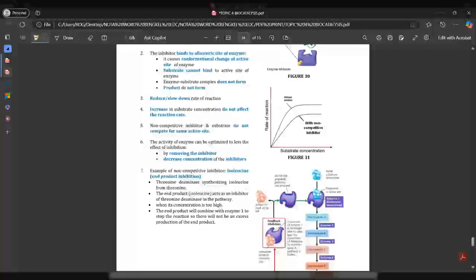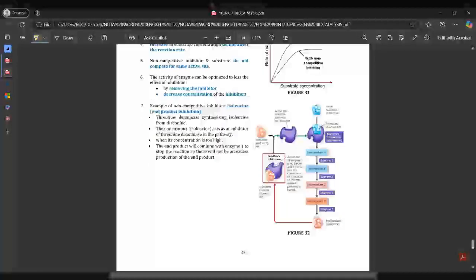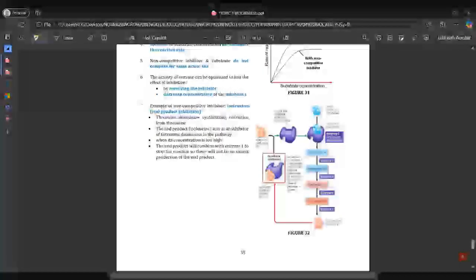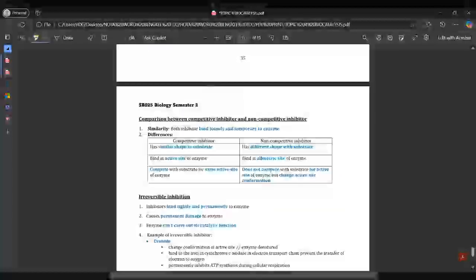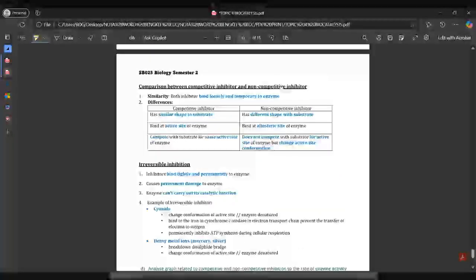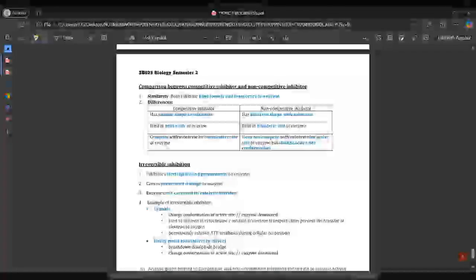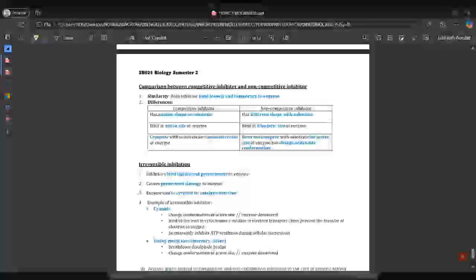Whereas for the non-competitive inhibitor, we have isoleucine, which inhibits threonine deaminase from running its function. Okay, the comparison between these two inhibitors is presented in this table. This is in point form, so later on, I hope that everyone can make it into complete statements.